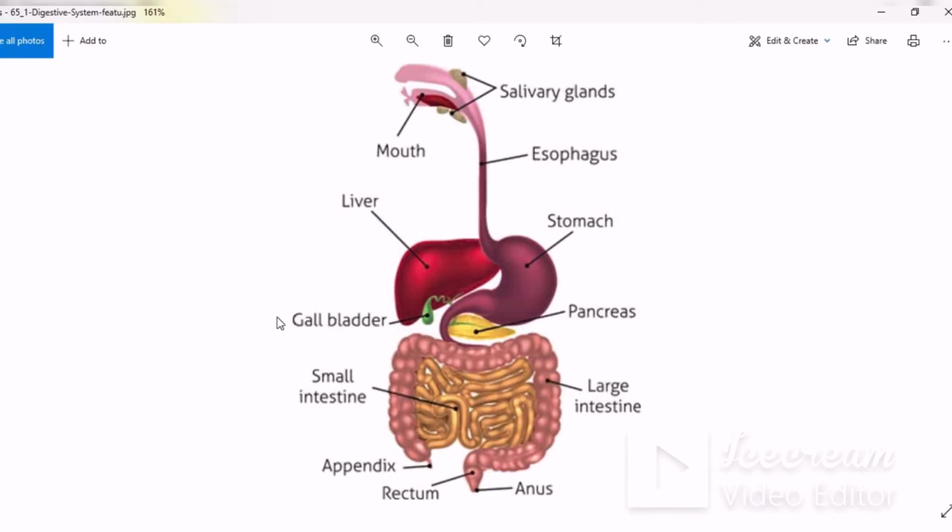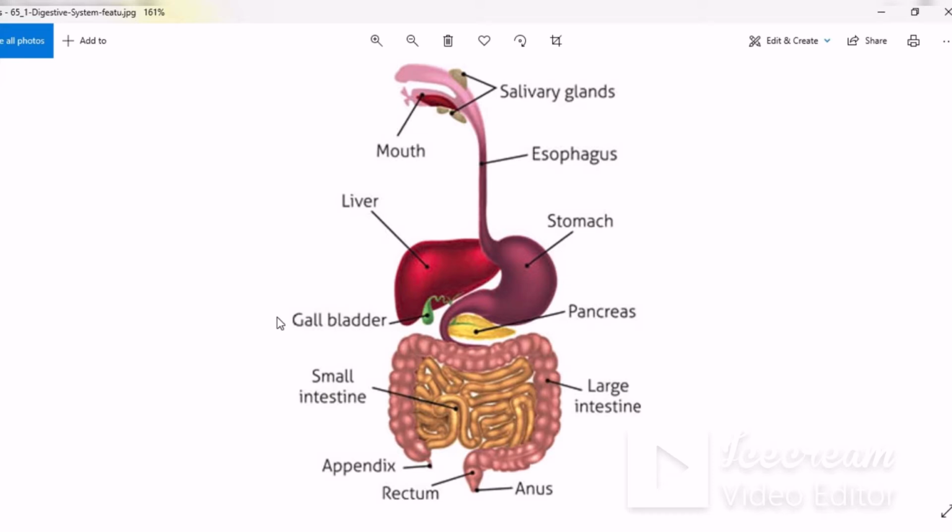That is the simple digestive system for the human body. Start with the mouth, and inside the mouth we have teeth and saliva to make the food easier to break down, to make smaller pieces, and it goes to the esophagus and enters the stomach.